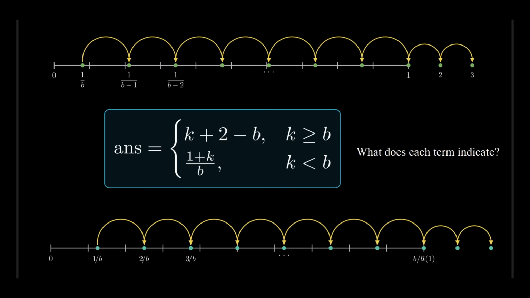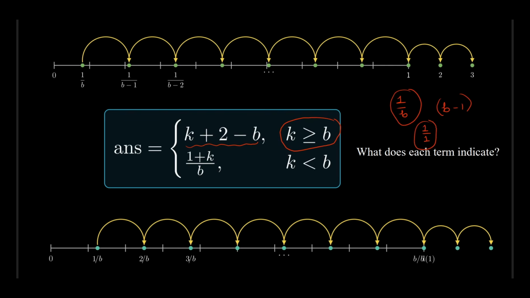So let's formalize everything. If you have at least b rounds of ammunition, then this is the final result that you can make. So what does each term indicate? You started with 1 upon b. So you will waste b minus 1 rounds to reach 1 upon 1.